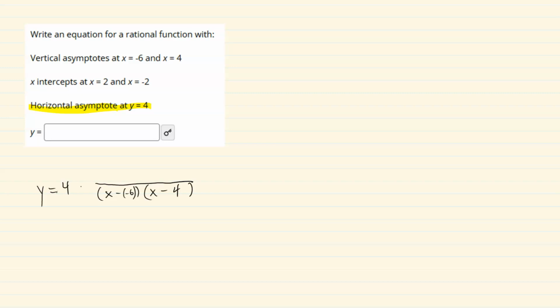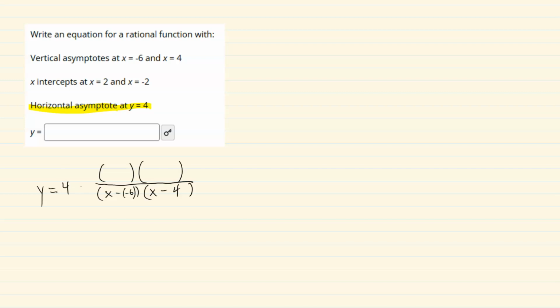Okay? And then we also have the numerator. The numerator has to do with the x-intercepts. And so when you set the numerator equal to 0, then you can solve for the x-intercepts. So the first one, similarly, we can set it up the same as the denominator.